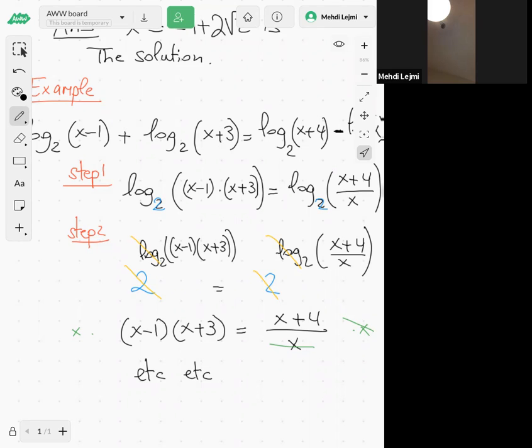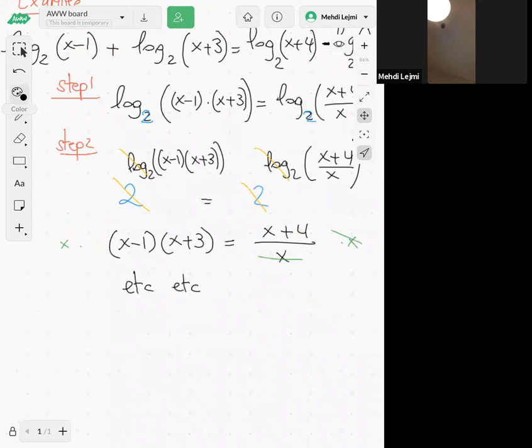And then you apply the exponential, get rid of the log, and then you end up with some polynomial equation, quadratic or otherwise, and then try to factorize, etc., to find the solutions of the equation.